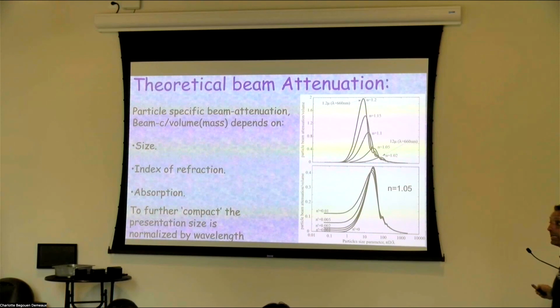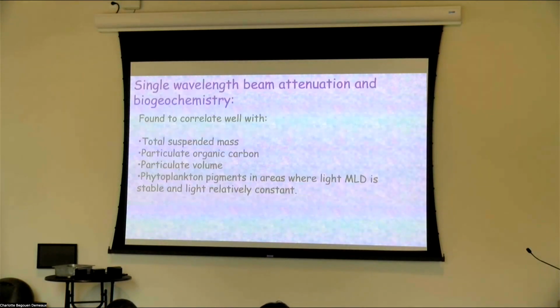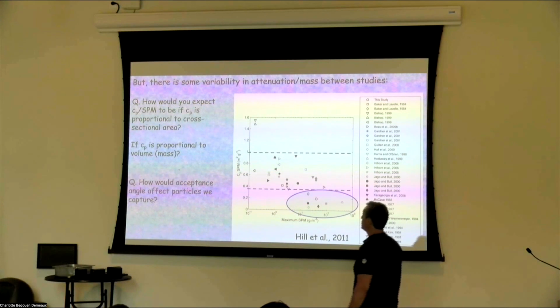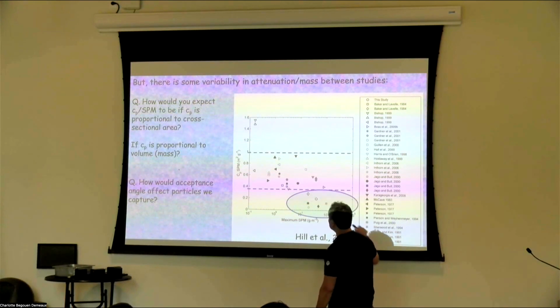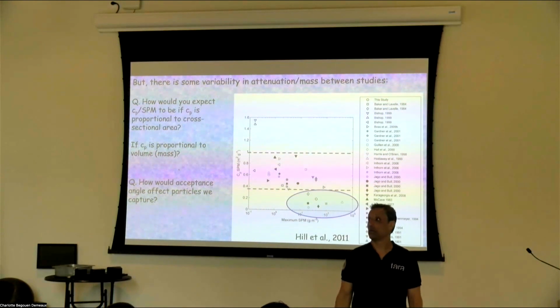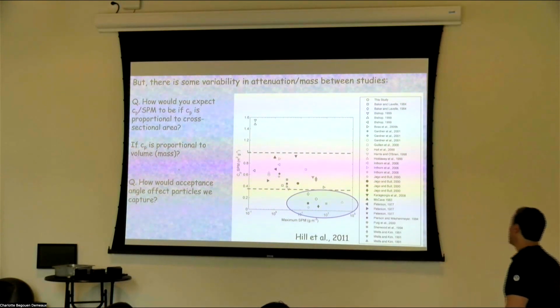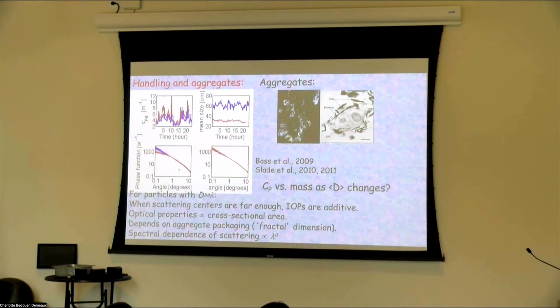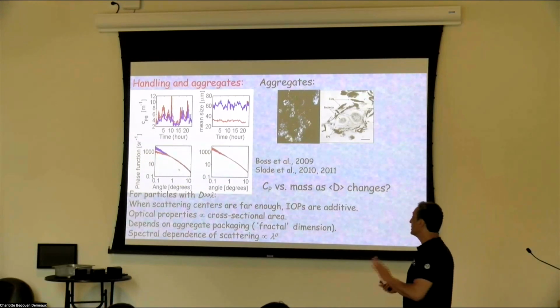And yet I tell you beam attenuation per mass is not changing much in the ocean, and we know size distribution changes a lot. So yes, maybe that affects this, but overall, things are extremely stable. The reason I'm repeating that is because we think aggregates can play a role, and I'll explain how.